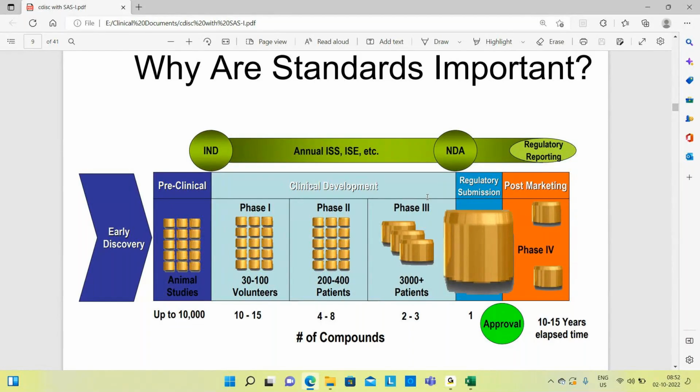What does ISS stand for? Interim Summary on Safety Analysis.